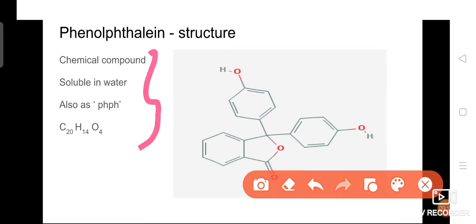The chemical compound is not a natural indicator, it is a chemical compound and it is soluble in water, and it is mostly in the form of powder. If you want to prepare a solution, because if you take a solid in powder form, the reaction will be very slow compared to a liquid.